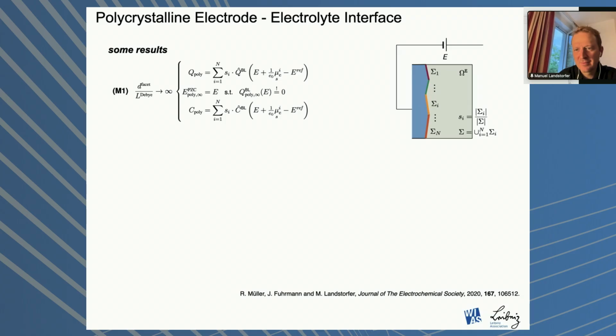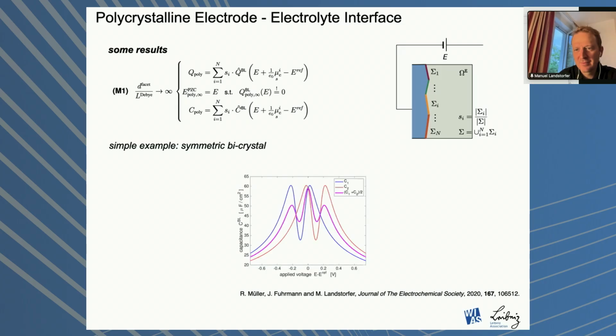So the C poly, the differential capacity of a polycrystalline surface, is the sum over all facets where the capacity function of the individual facets comes into play, weighted with S_i, the area of the facet with respect to the total area. And the main important point here is also that in the argument of this function C-hat, there is this surface chemical potential of electrons, mu_SE to the index i, which is the work function of the electron for the different surface facets.